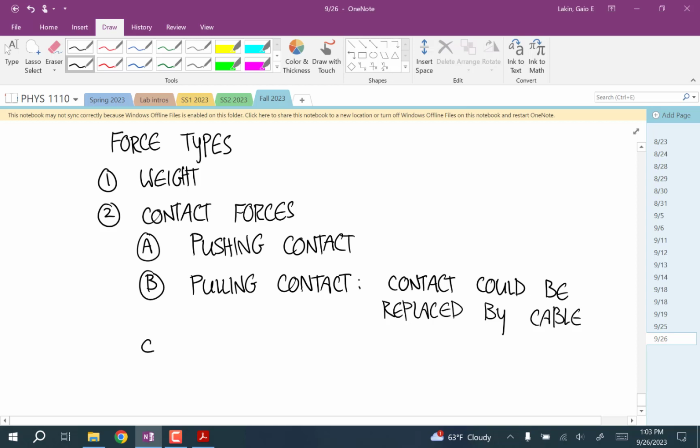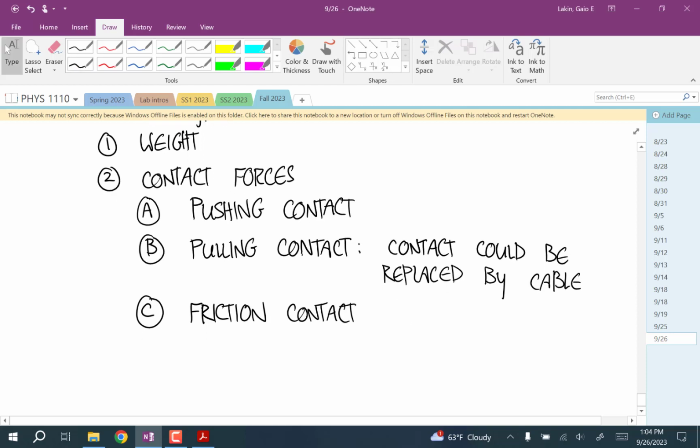And then the third and last one is friction contact. And this one is only going to happen when an object is sliding along a surface. Anybody have any questions about that?